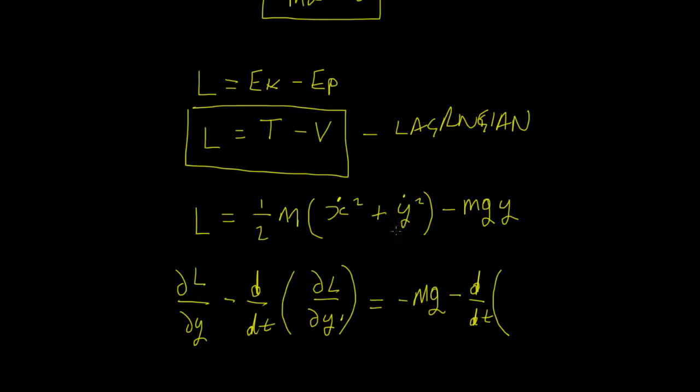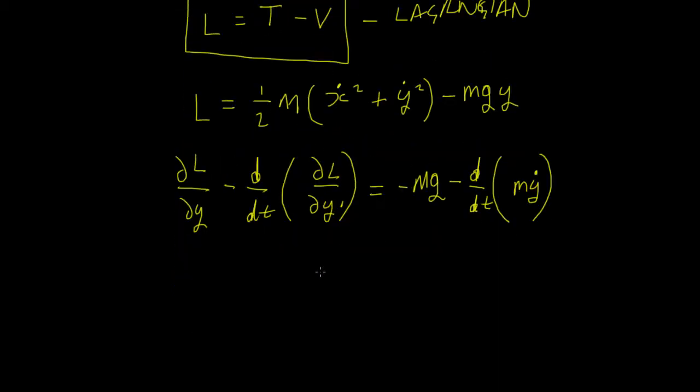What we're going to have here is the only function of y derivative is this one here, so that would be 2 times y derivative times a half m. So the 2 and the half cancel out, and you would just end up with a value of m y derivative.